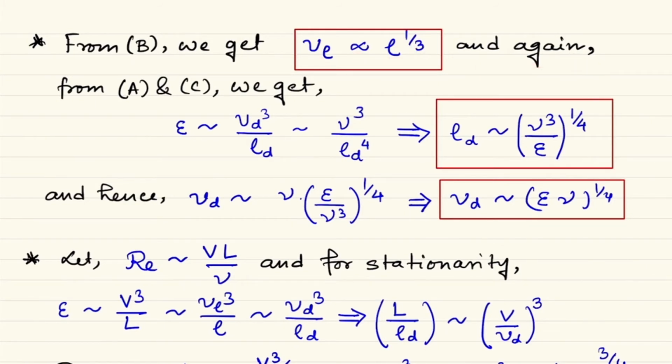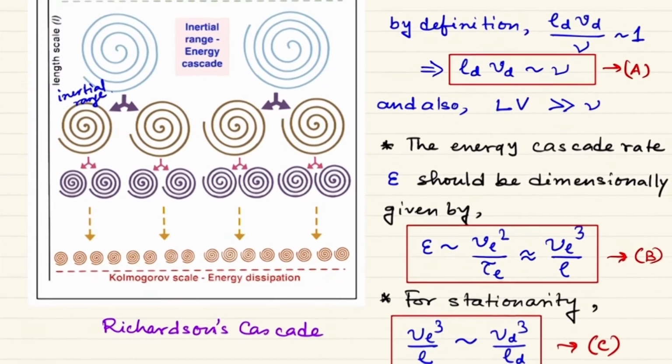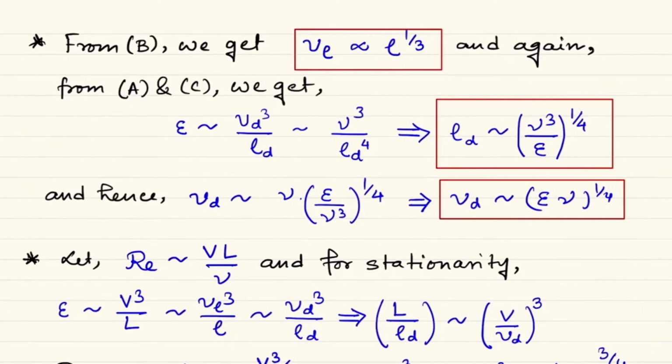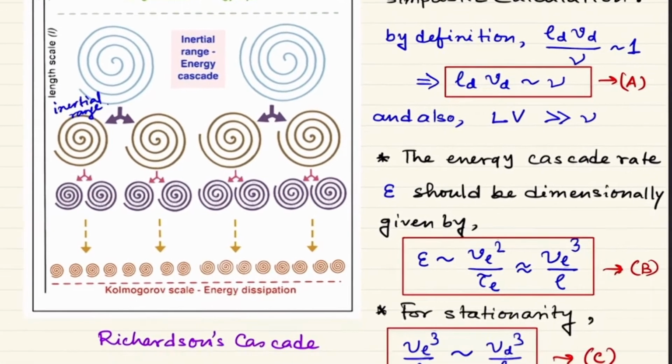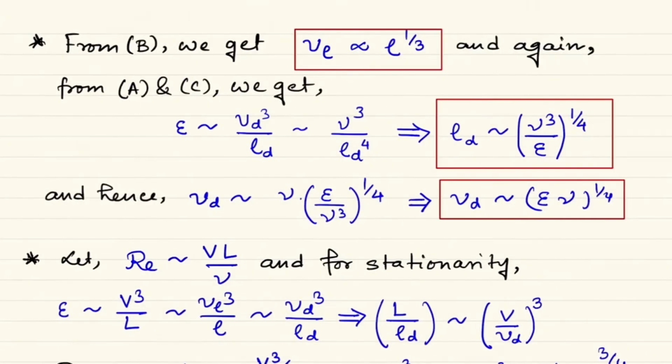And again using A and C, so who are A and C? A is this one and C is this one. Using A and C, you have to simply write epsilon, which from your definition is V_D cube by L_D, and then you get rid of V_D, and epsilon will be nu cube by L_D to the power 4.